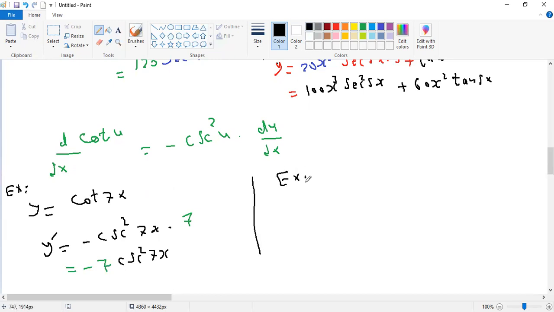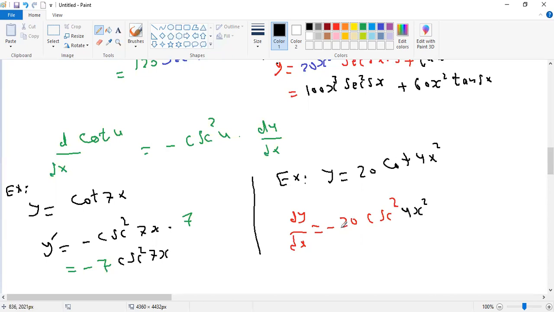Another example. Let's say y equal to 20 cotan 4x squared. So the derivative dy/dx is equal to, now cotan, there's only one cotan to borrow on, but the angle is 4x squared. So the cotan is 1. Now the derivative of cotan is minus, I have 20, so minus 20 cosecant squared of 4x squared.